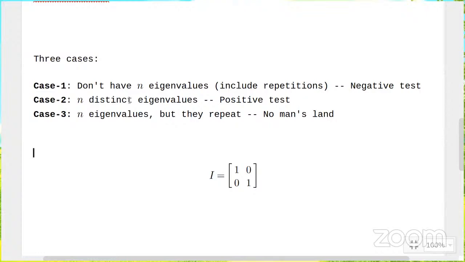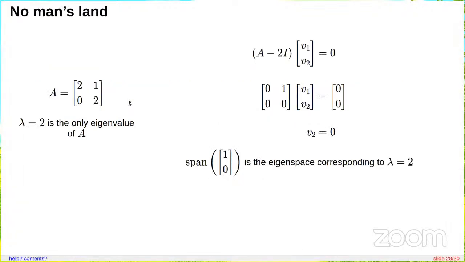I am saying in the same matrix that sir gave as an example, if we replace 1, 2, 2, 1, 0, 2 with 2, 2, 0, 0, 2, meaning the diagonal matrix, then we can find two linearly independent eigenvectors corresponding to 2. That's why sir is saying it's no man's land. In both cases, we have two. It depends on the matrix, right? Yeah, exactly.